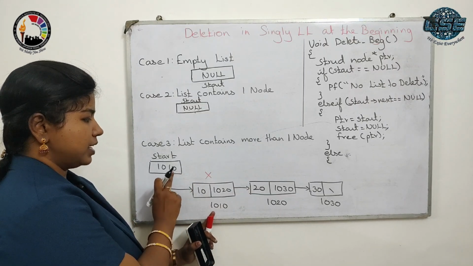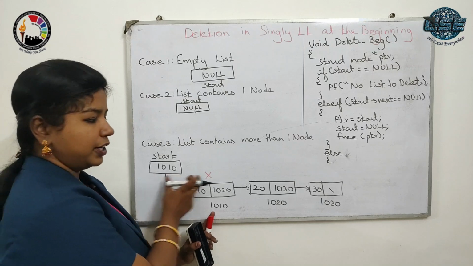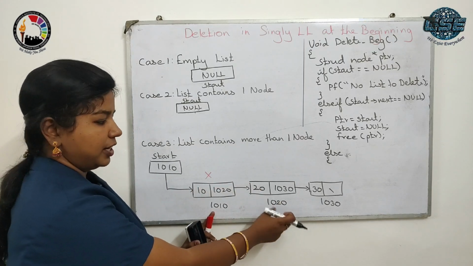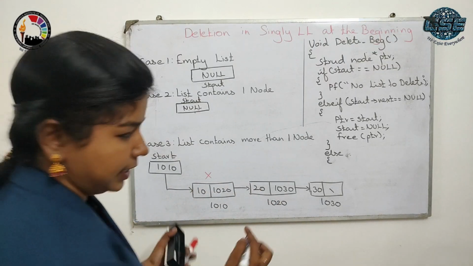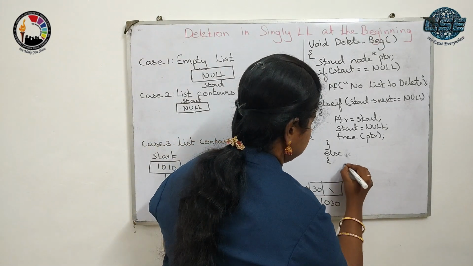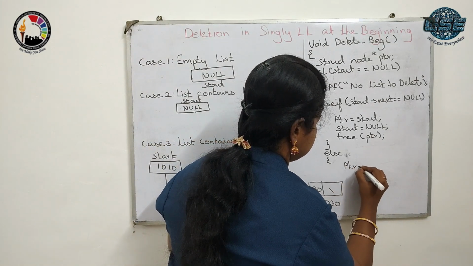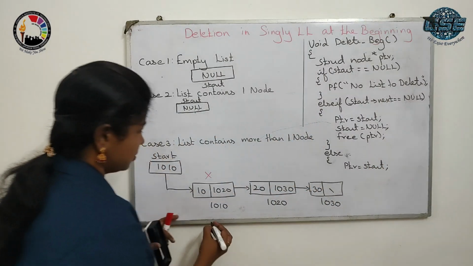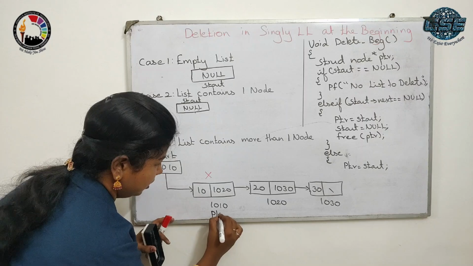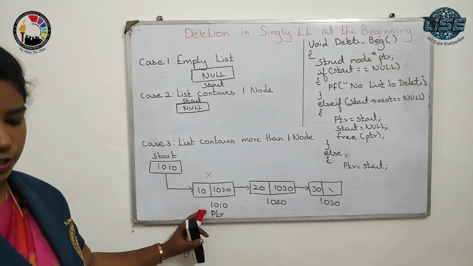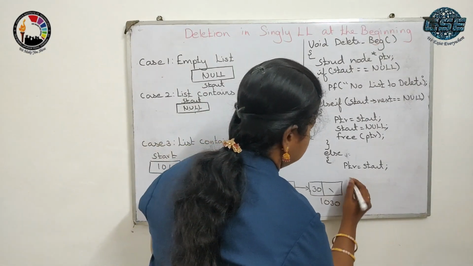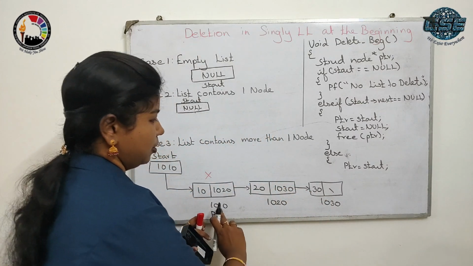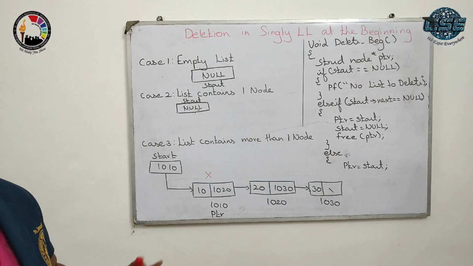So first step is I have to make the start pointer point to the next node's memory address location. So first initially pointer is equal to start. So I am fixing a pointer variable to point to the first node. Then I have to travel from the pointer to the first node.